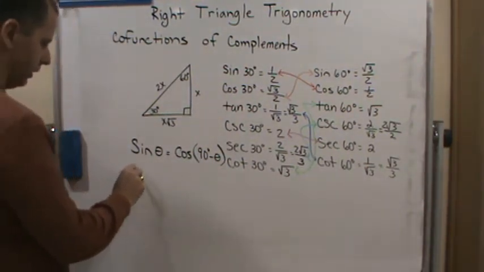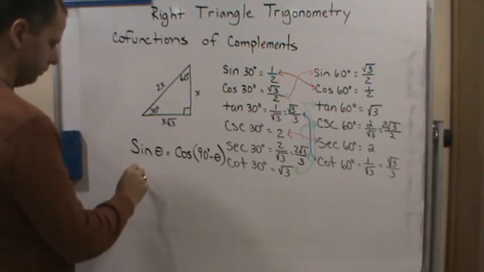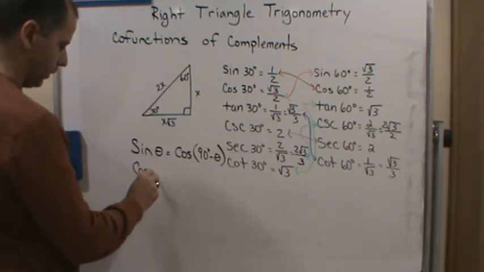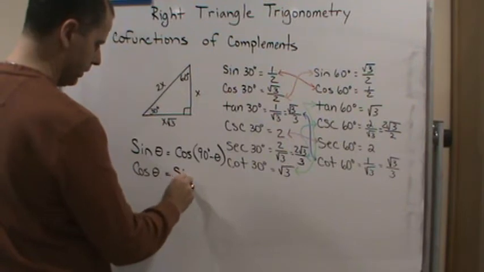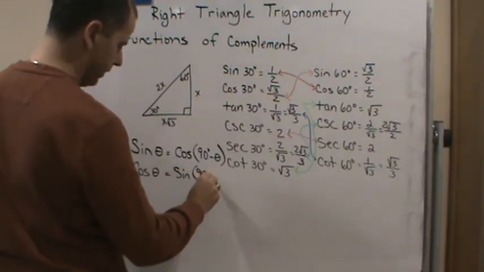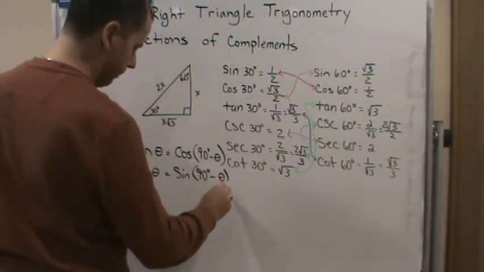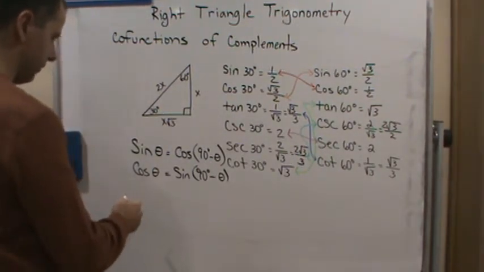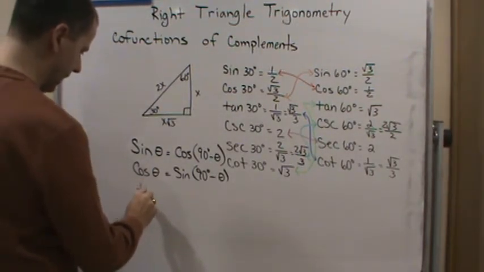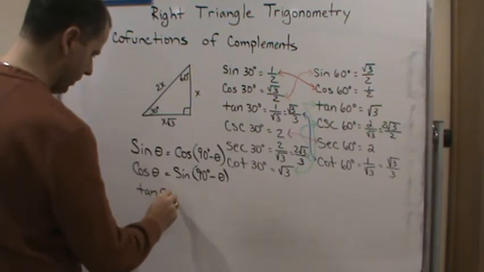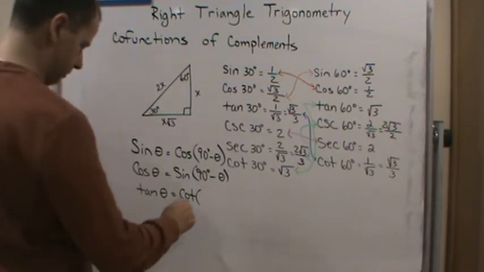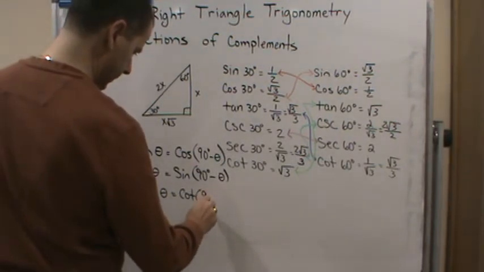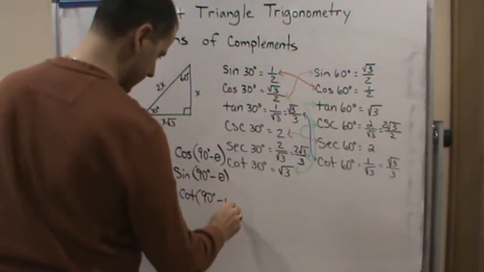And cosine theta is equal to sine of 90 minus theta, right? And we got tangent theta is equal to cotangent 90 degrees minus theta.